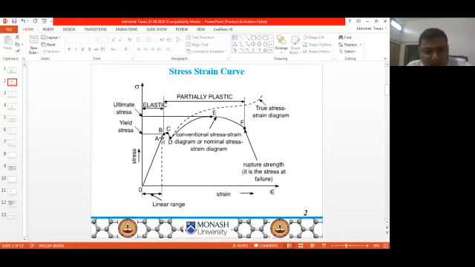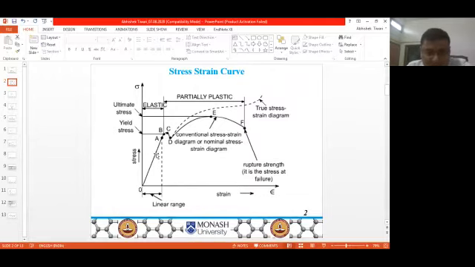And at point A, this is called the proportionality limit. From point O to A, the stress increases with strain linearly, and this is called the linear region, and the point A is called the proportionality limit.